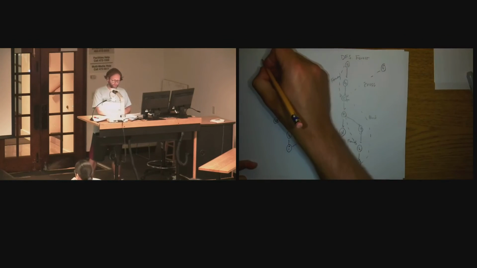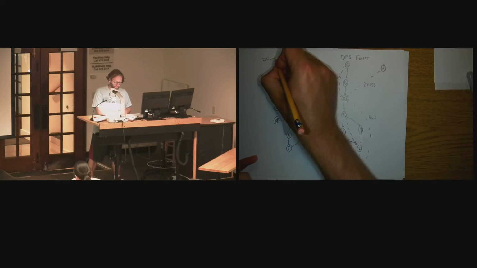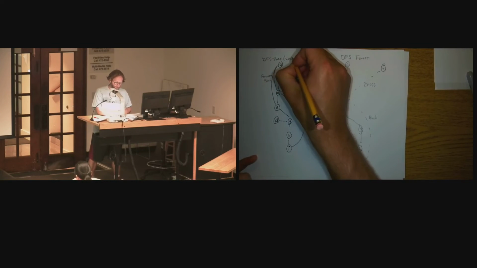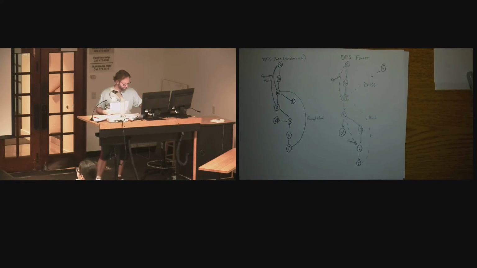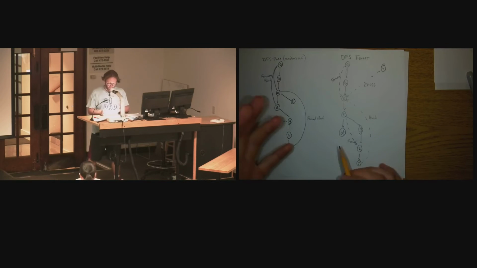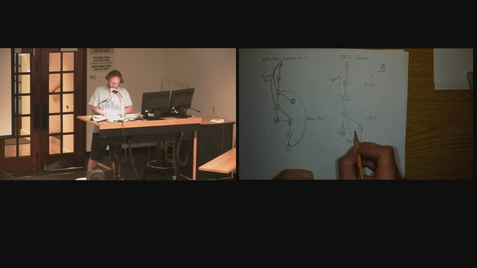Right? This is the DFS tree for undirected. Okay? You can also, I didn't have one here, but you can have cross edges in the same component.